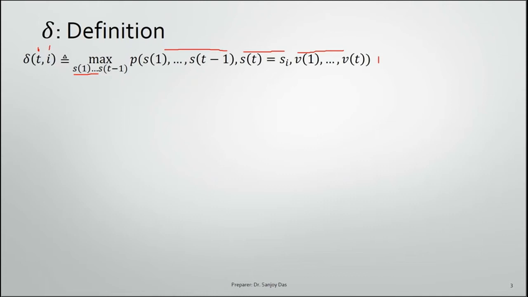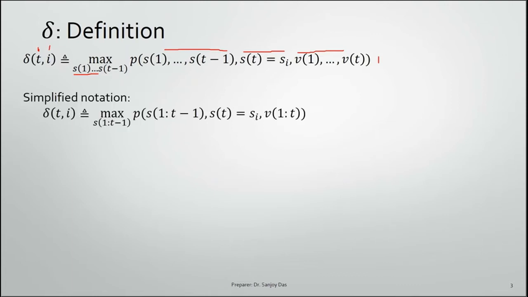And we'll introduce a simplified notation here like this. And this is MATLAB-like notation. So what I've done is the states S1 through S(t minus 1), that's the past, I have compressed it as S1 colon t minus 1.